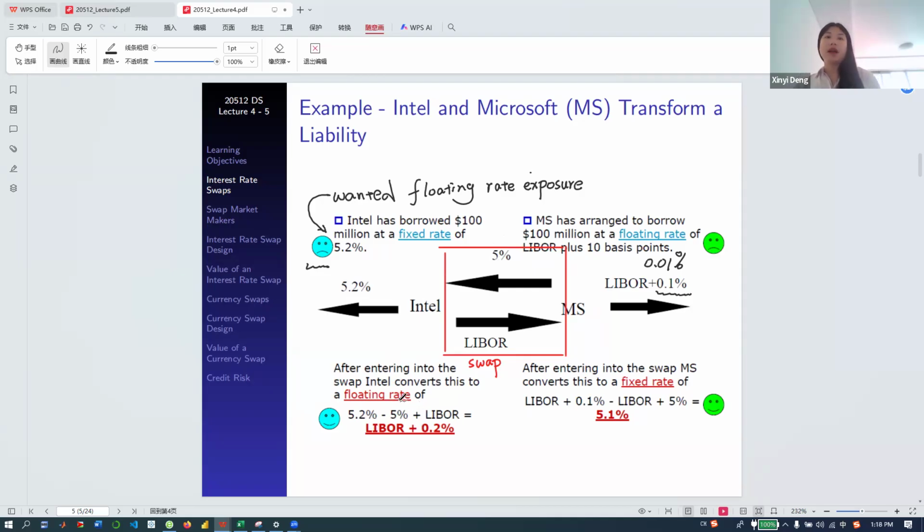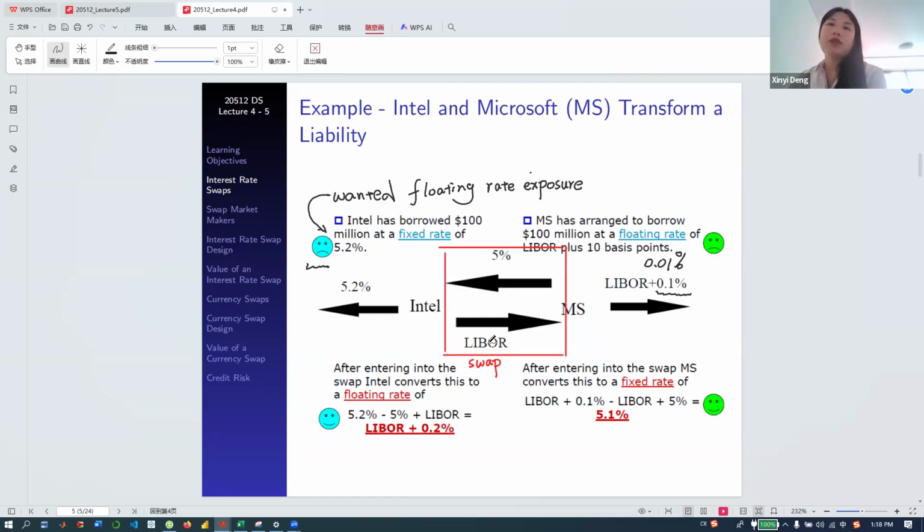Since we are calculating the effective borrowing cost, and 5% is what Intel received, if you convert it into a cost, it's going to be -5, right? It's going to reduce the cost. So 5.2% minus the 5% they receive.